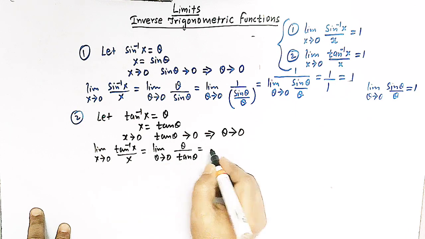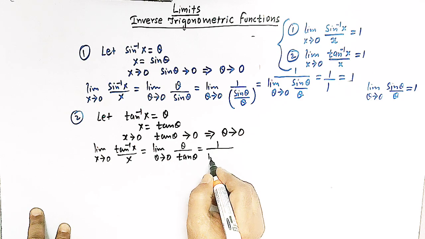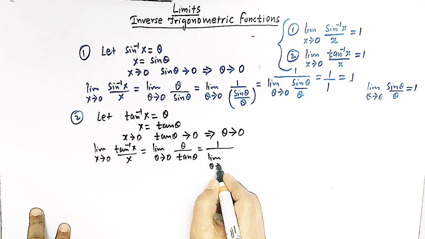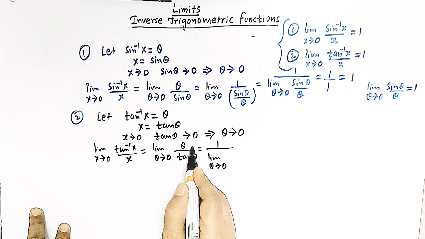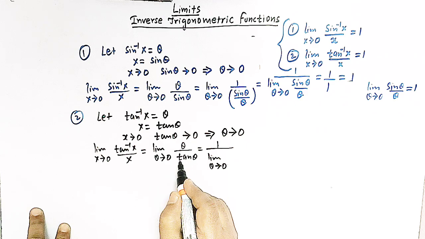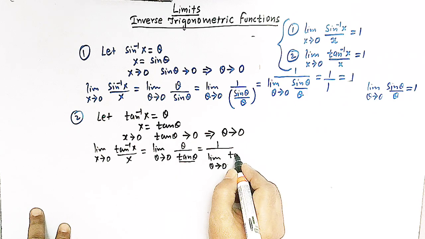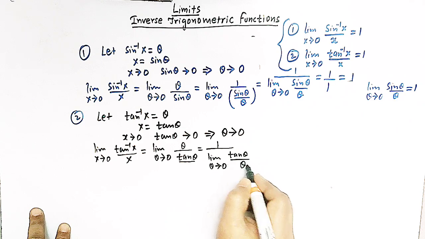So now we can write 1 divided by the limit as theta tends to 0, and here we can take this theta to the denominator of tan theta. So we have tan theta over theta.